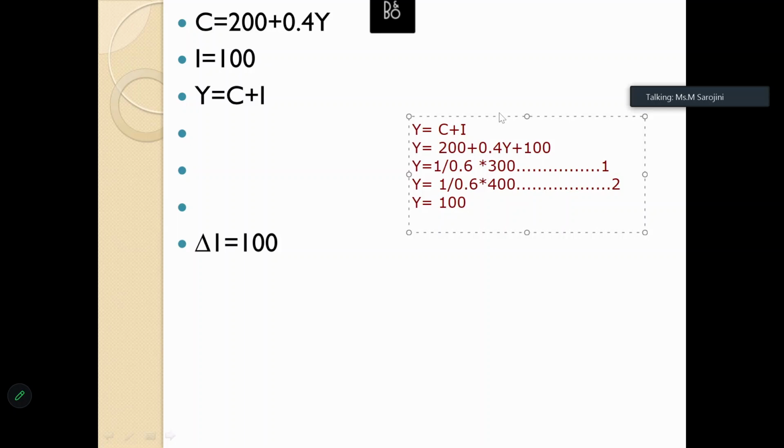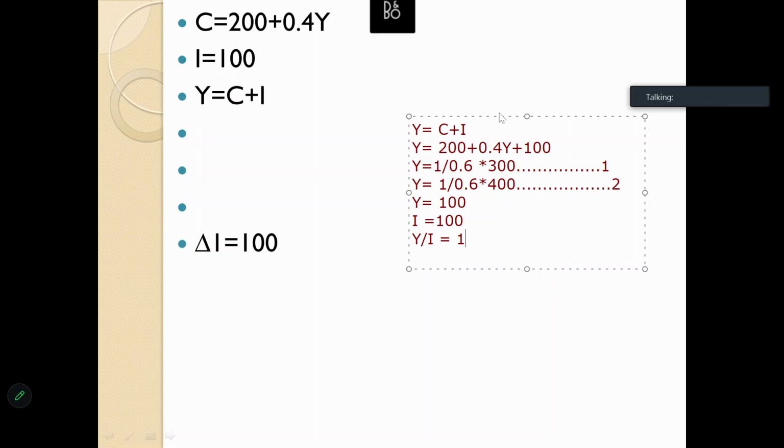Already we have delta I. Delta I is equal to how much? 100. Now, delta Y divided by delta I, that is the investment multiplier. That is equal to 100 divided by 100, that's equal to 1. Is it okay?